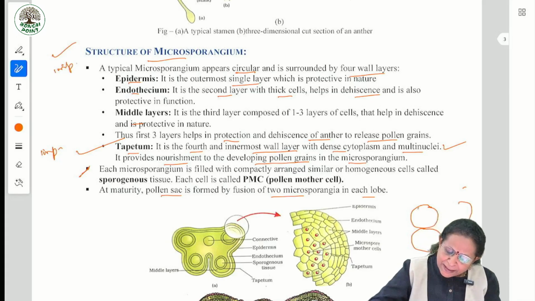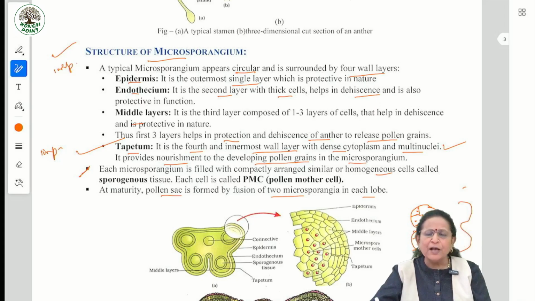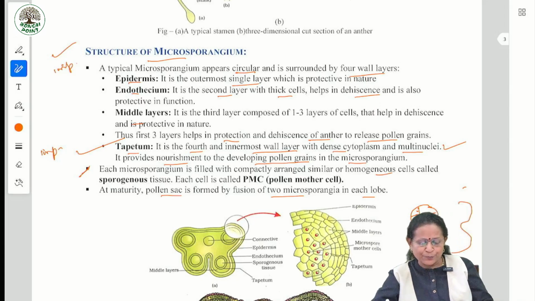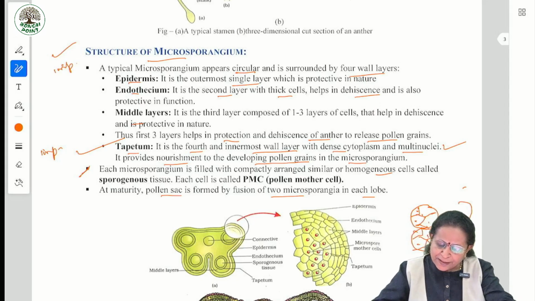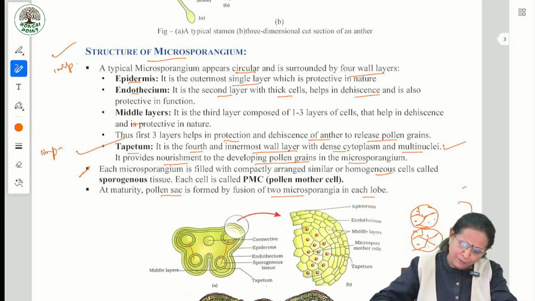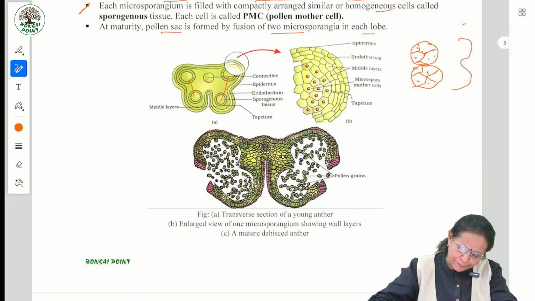Thus, we say that the cells present in the microsporangium are of similar type and hence they are homogeneous, or we say sporogenous tissue. At maturity, these 2 join to form 1, and on the other hand, these 2 form 1. Thereby, 2 pollen sacs are formed.